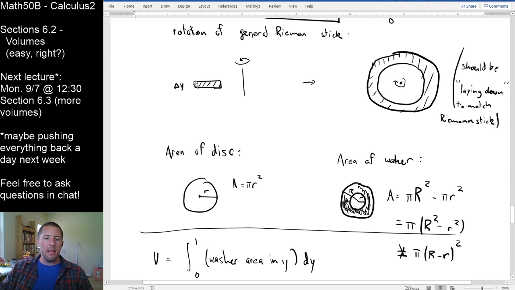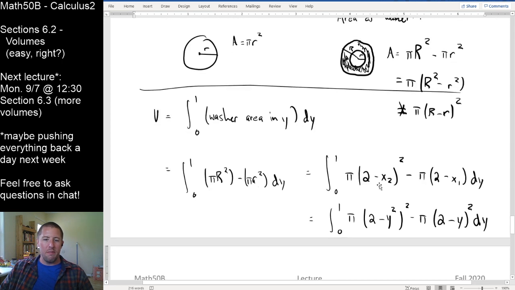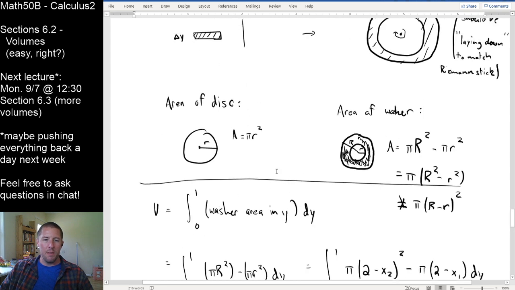We did spin this stick around an axis of rotation to develop the washer, but we added up the washers. So the Riemann object of interest was a washer. We compute area of washers by computing the outer area, subtracting off the inner non-existent area. Don't make the mistake that I was trying to force into my problem with a shortcut. It's totally fine to just do pi capital R squared minus pi lowercase r squared.